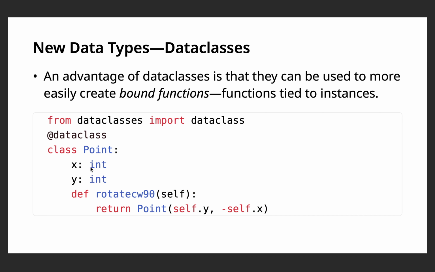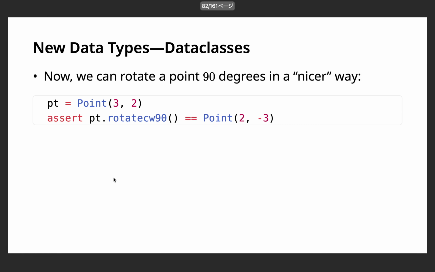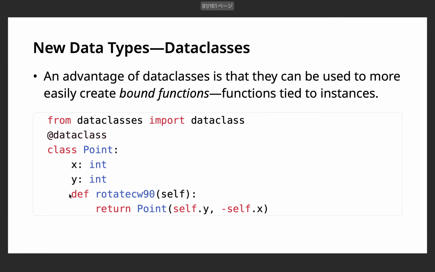So this class has a function here that instances of that data class can use. So if we instantiate a point like this, we can do point, then dot, rotate clockwise 90, and it will behave like this. So instead of making a separate function, then passing in a point, we can now have the instance of the point, then dot, yung function, then that will give us the result that we want, using this function over here.